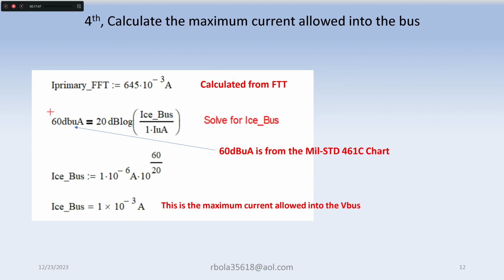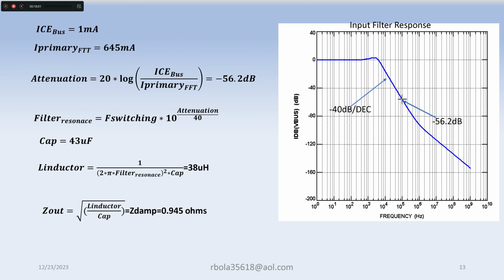Okay, so now you calculate the maximum current allowed into the bus, which we already did the math. So here we know that the bus maximum is 1 milliamp. Okay, so now that is entered right there. I call it the current conducted emission bus. And then we know what the primary FFT is, we got this from the FFT. So we have these two parameters.